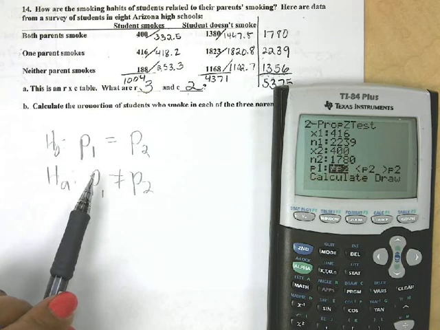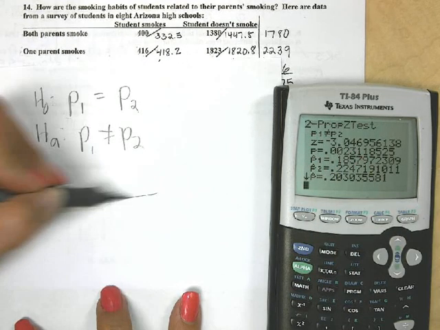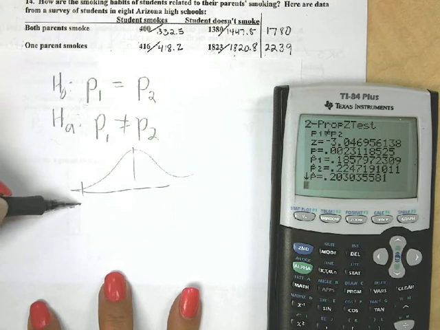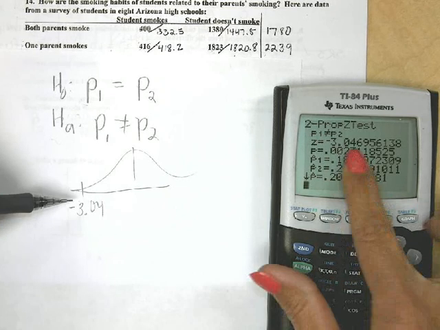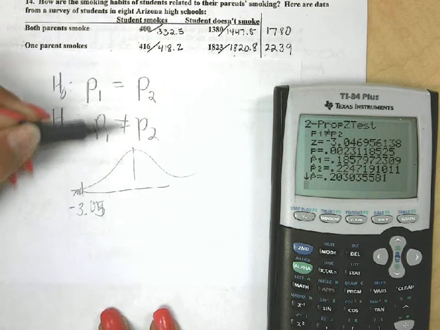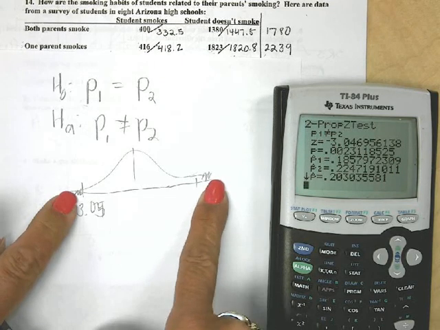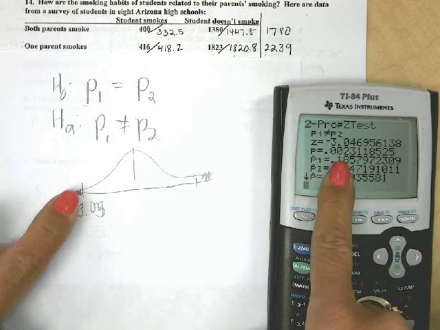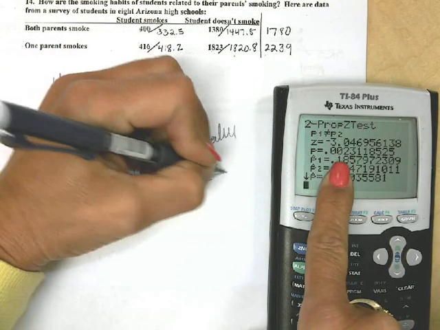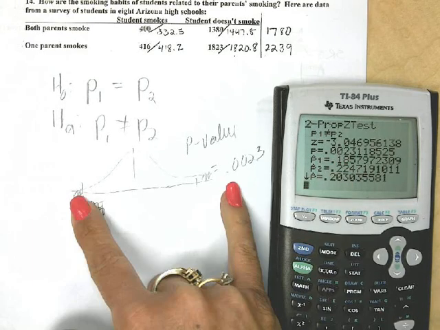And I calculate. If we actually went through and did the test, the test statistic is going to come out to be about negative 3.5. And we're doing a not equal to, so we're really doing a two-tailed test. So we'd be finding these two areas to find our p-value, and that p-value is 0.0023. Well, we definitely have evidence against the null.